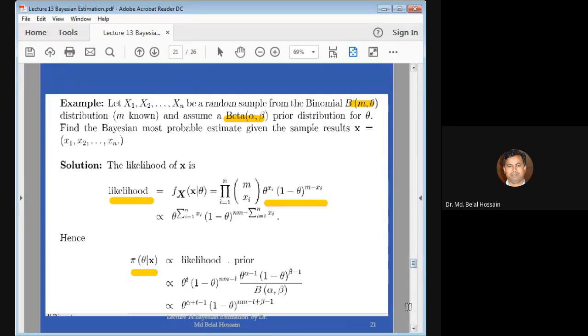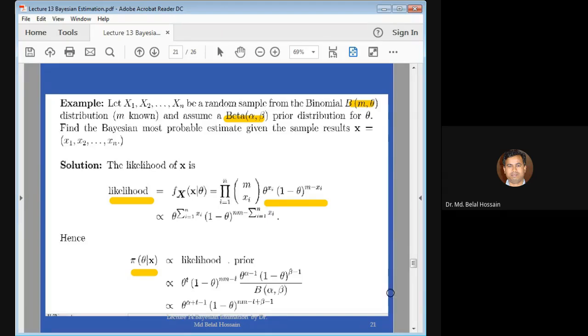Okay, so when we calculate the posterior distribution, the formula is proportional to the likelihood function multiplied by the prior distribution. Okay, so likelihood function multiplied by the prior distribution will produce that posterior probability that we are looking for.